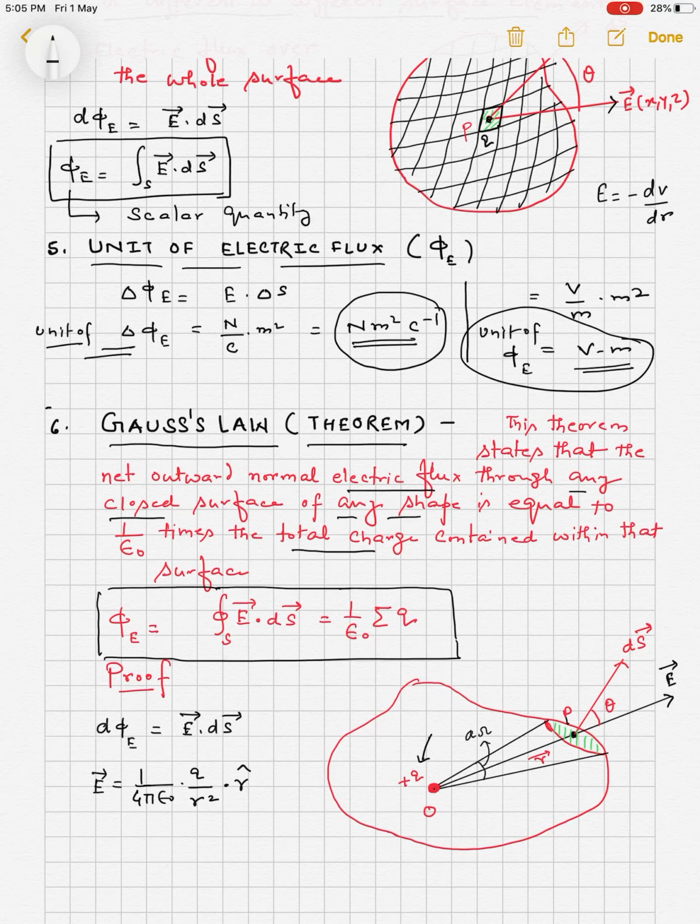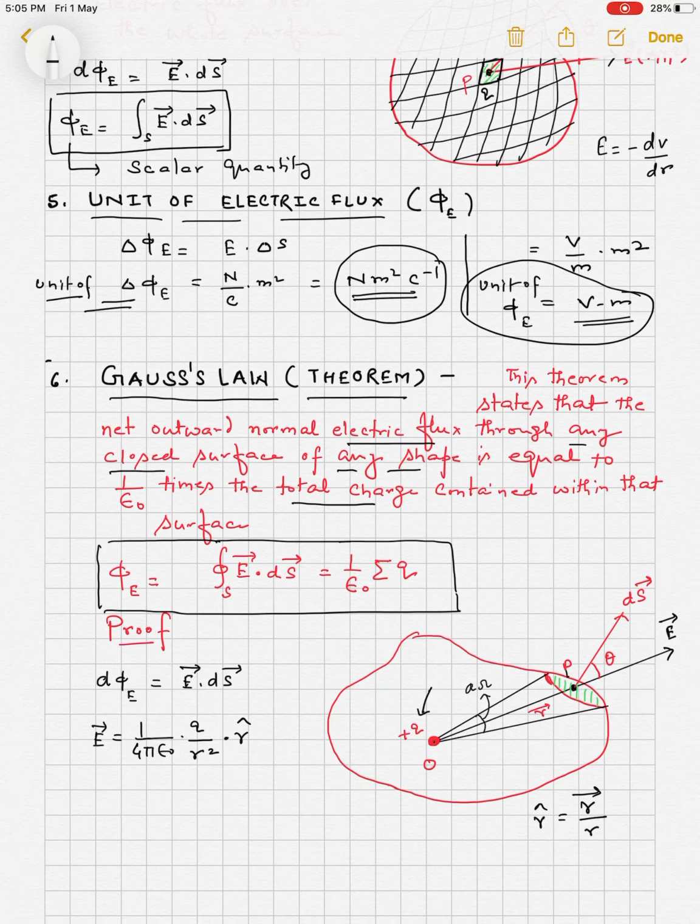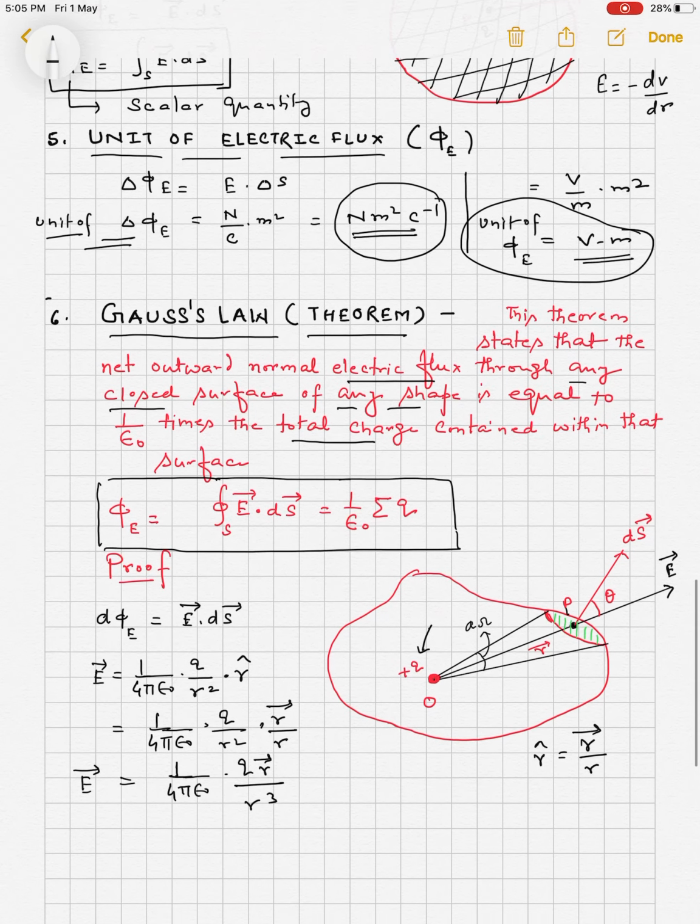Now this unit vector can be written as r vector divided by magnitude. If we have to find the unit vector of any vector, then we divide the vector by its magnitude. So this relation becomes 1 upon 4 pi epsilon naught q upon r square times r vector upon r, which becomes 1 upon 4 pi epsilon naught q r vector upon r cube. So this is E vector.